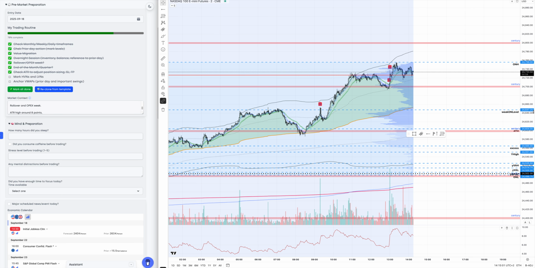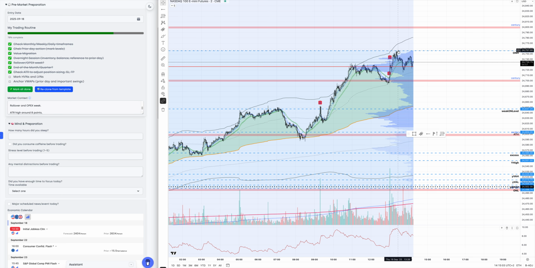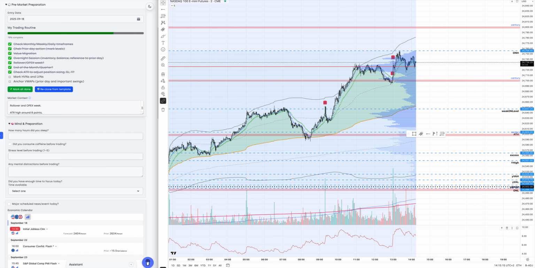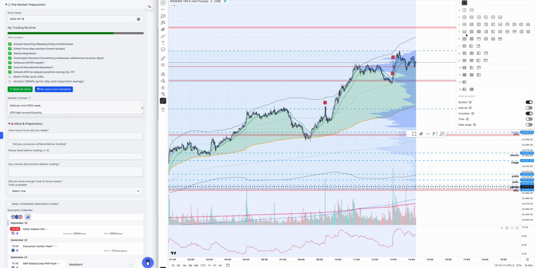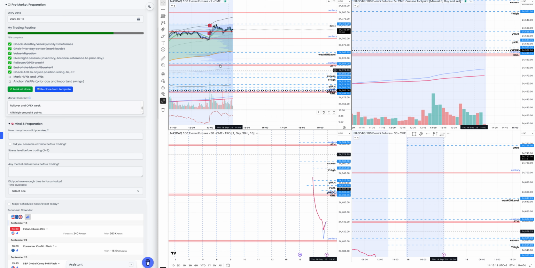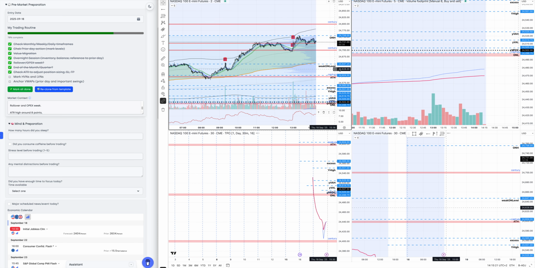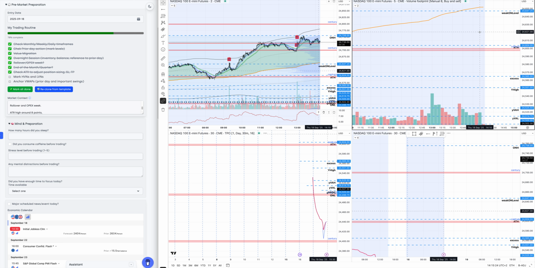Boom, century figure. It was 24,700, so 56 points from the first standard deviation of VWAP. Very nice. So the action during the overnight session is very active with decent volume, it seems.